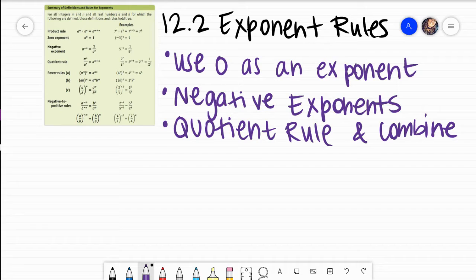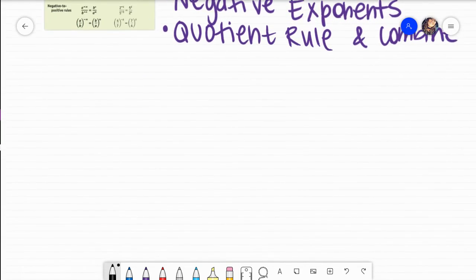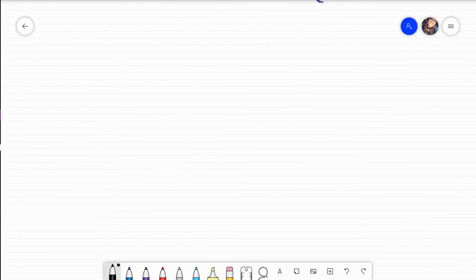Okay, so let's go ahead and start with using 0 as an exponent. Let's do this example looking at 0 as an exponent. First, let me show you what the rule is.